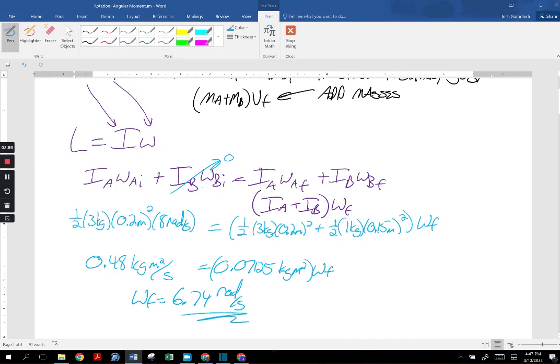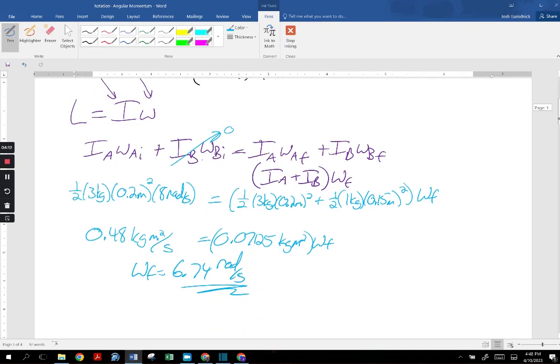That's it. Seriously, it's just conservation of angular momentum. Instead of them moving in a straight line in one dimension, this is just adding their spinning momentums. No big deal. Let's do another example, because one is just not enough.